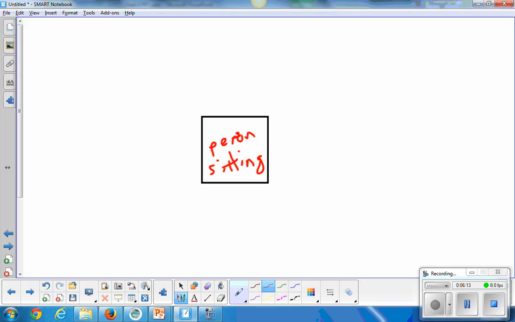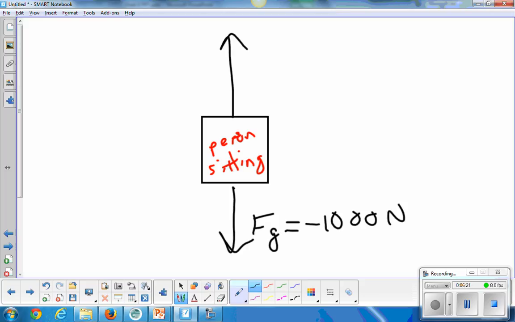We have, in the simplest case, Fg negative 1,000 newtons, Fn normal force equals positive 1,000 newtons. And this time I'm going to not bother writing the positive sign.